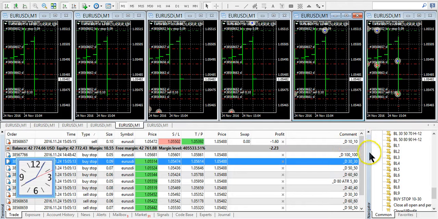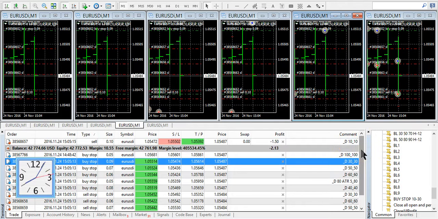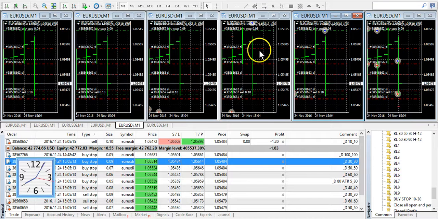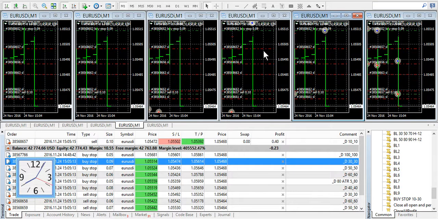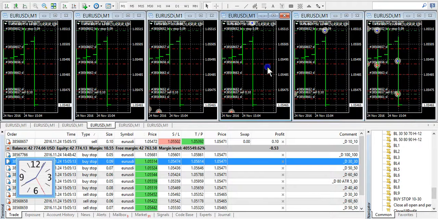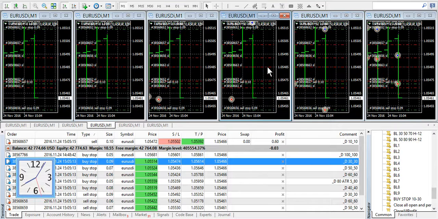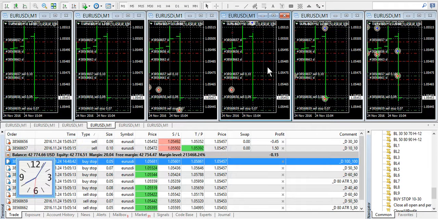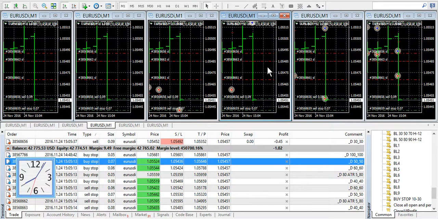So it just got filled on sell stops. I think only. Super insane now. Super insane. Look at that. It's actually making money on that sell. I'm going to take off that sell.